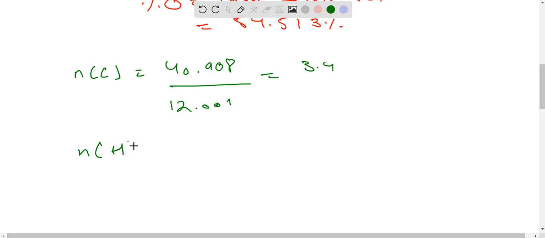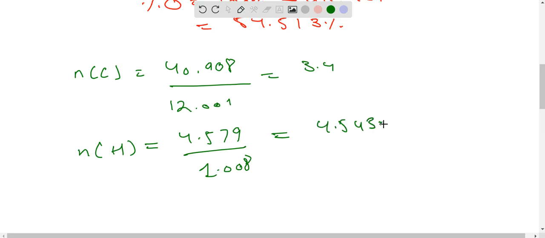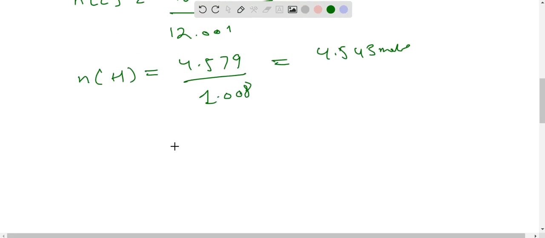The number of moles of hydrogen is equal to 4.579 divided by the molar mass of hydrogen, which is 1.008. So the number of moles of hydrogen is 4.543 moles. Now the number of moles of oxygen is equal to the mass 54.513 divided by the molar mass, which is 16.